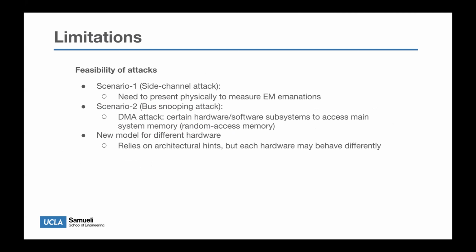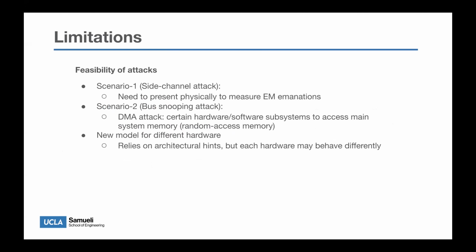Here are the limitations and the discussion of this work. One concern that we have is the feasibility of the attack. If we want to extract the network architecture, we may need physical access to the system, or we may need to be part of the system, in which way you can perform the bus snooping attack.